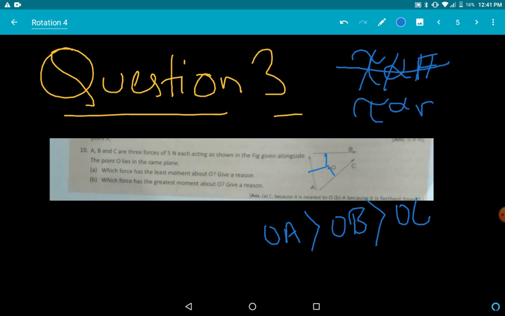Now tau directly proportional to R, the perpendicular distance is varying. Now C has the lowest R, so the lowest moment will be C. The highest moment will be A because A has the highest R. This is the perfect reason you should write. I'm just explaining, write it in the exam.